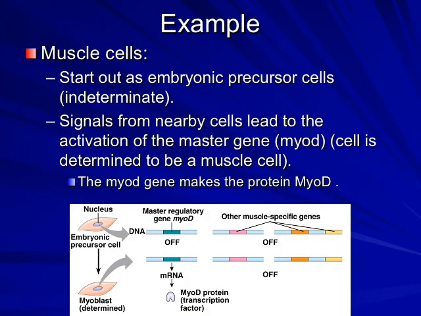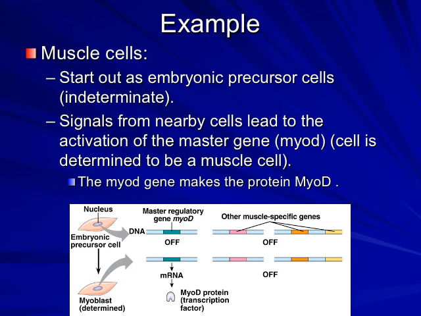So an example are muscle cells, and these are talked about on page 382 of your books. They start out as embryonic precursor cells, indeterminate cells, and then signals from the nearby cells lead to the activation of a master gene called MyoD, and that cell then becomes determined to be a muscle cell.